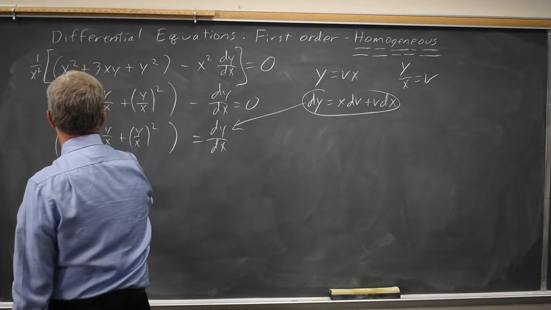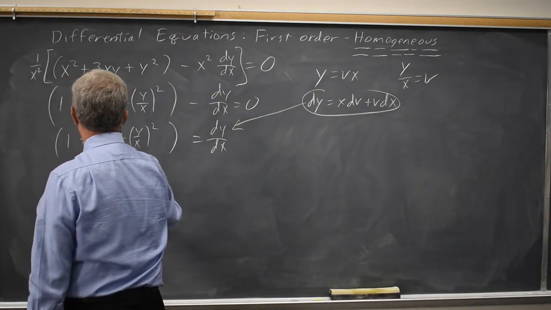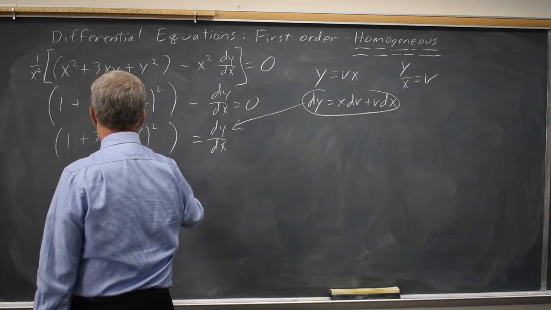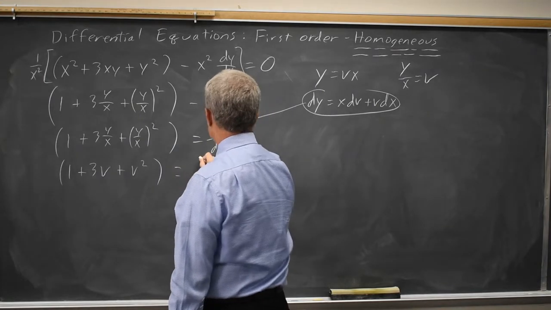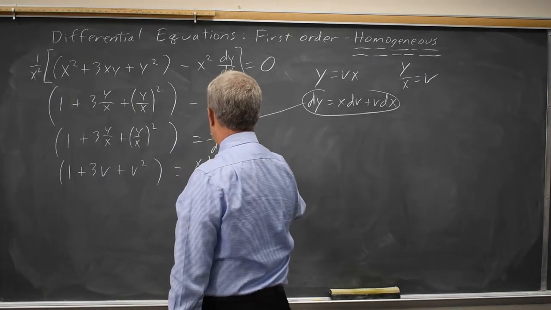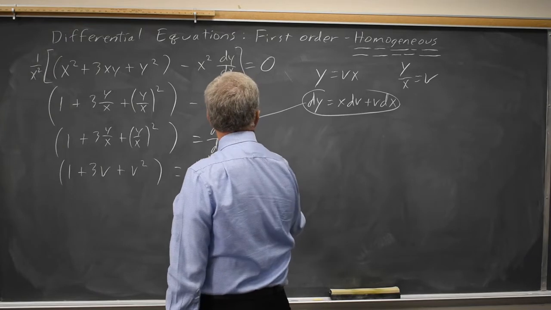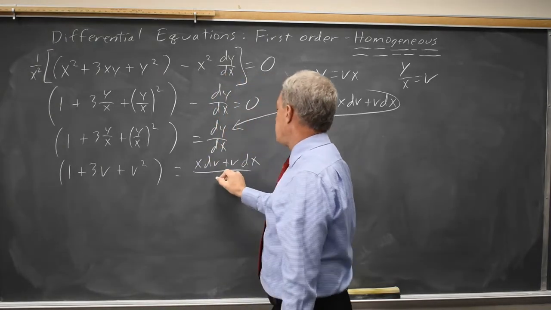So the left-hand side is 1 plus 3y over x is 3v plus y over x squared is v squared. And the right-hand side equals x dv plus v dx for dy, and that's over dx.